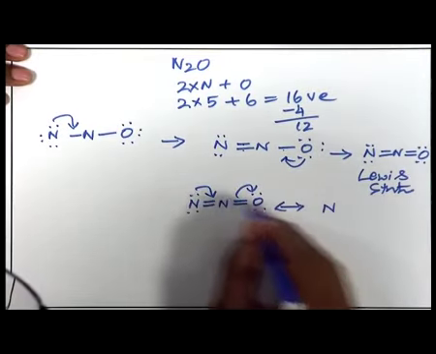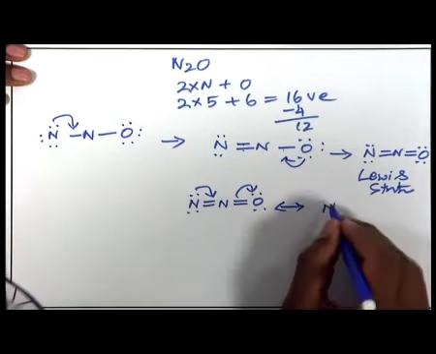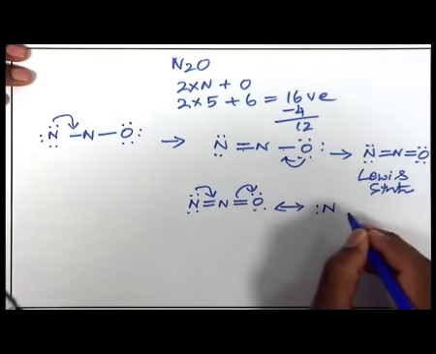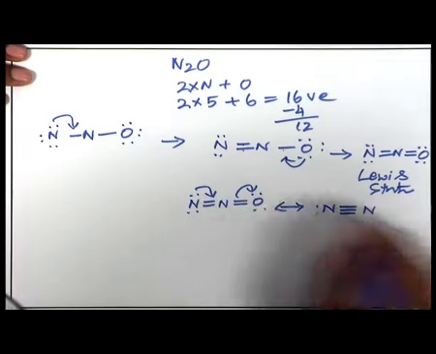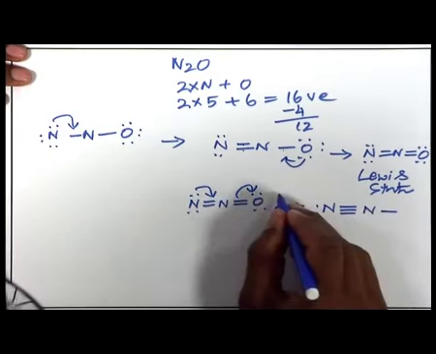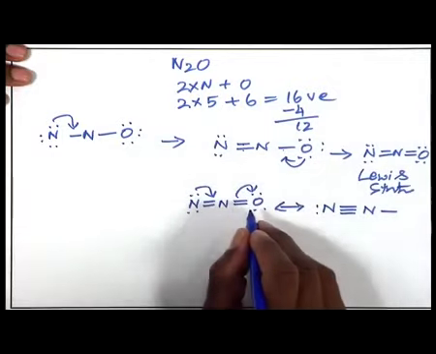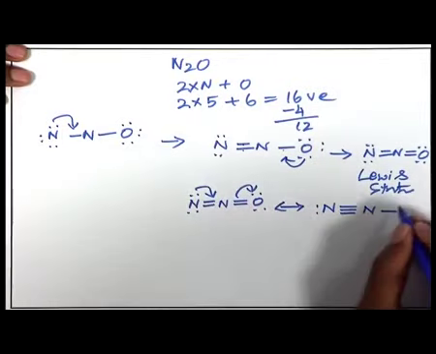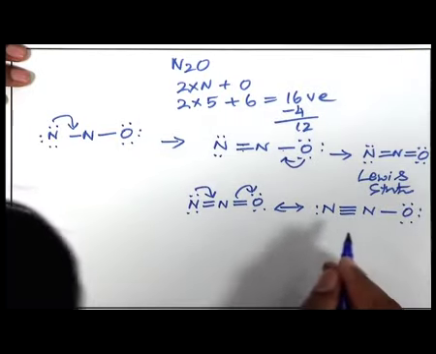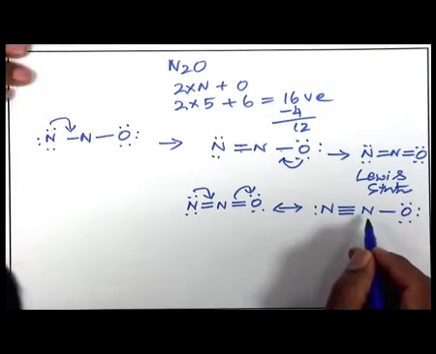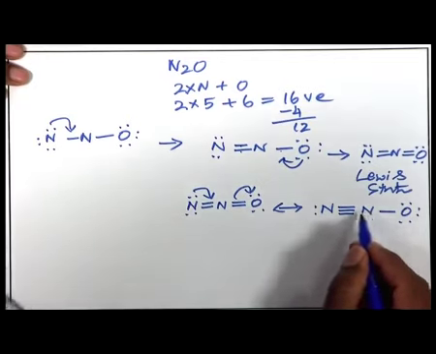After taking away one lone pair from this nitrogen atom, there is only one lone pair on it, and then it becomes a triple bond, then the nitrogen becomes a single bond, because this bonding electron pair is changed to a lone pair, like that.